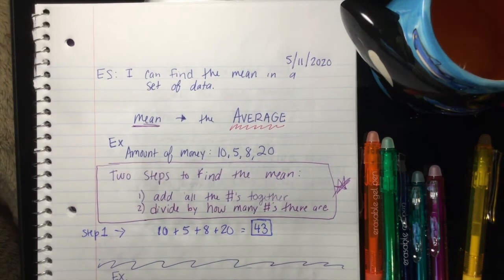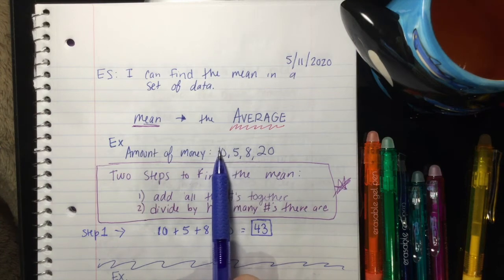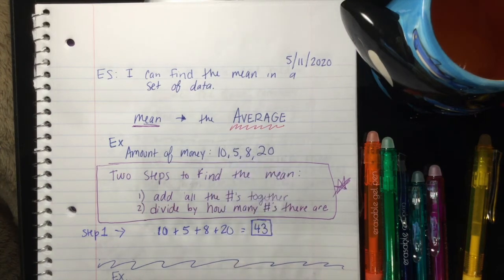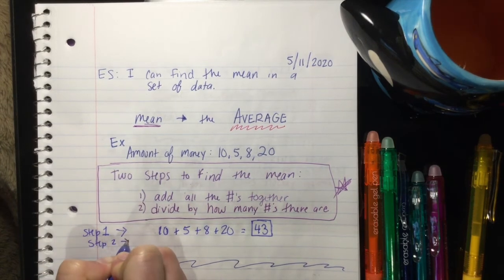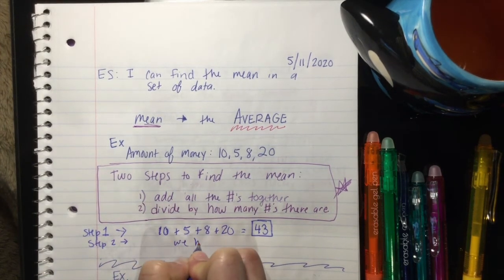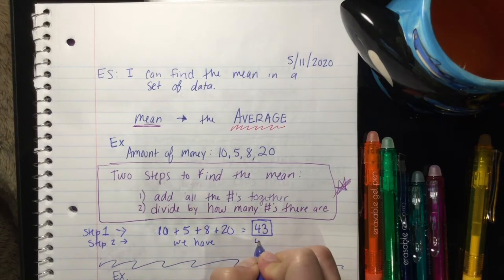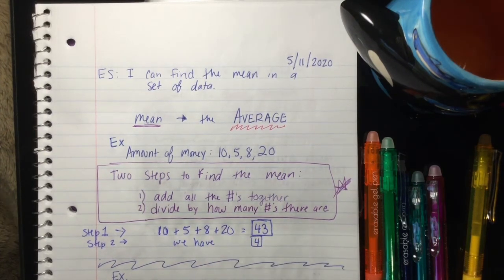Our step 2 is to divide by how many numbers there are. If we look back at our set, we have 1, 2, 3, 4 numbers. So step 2, we have 4 numbers.